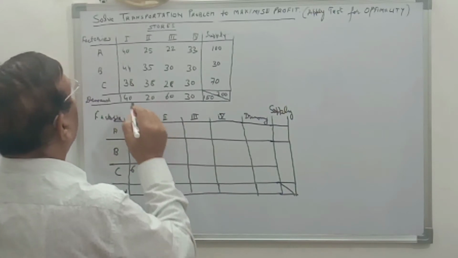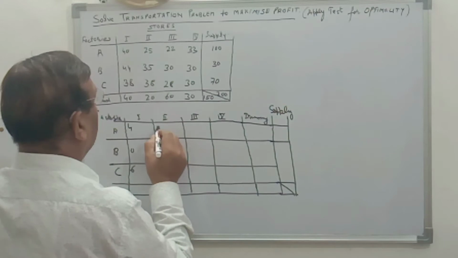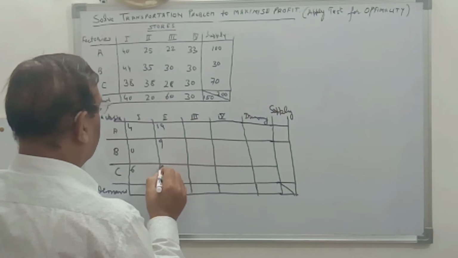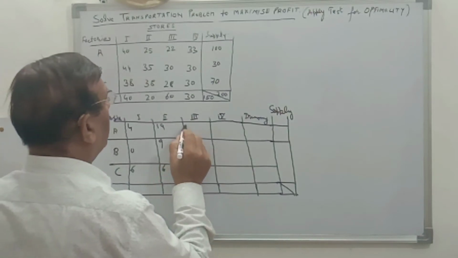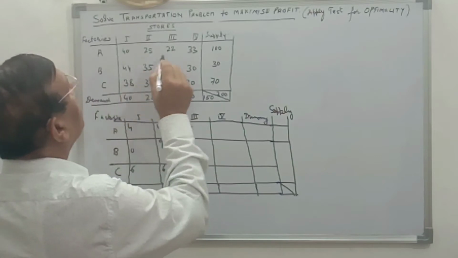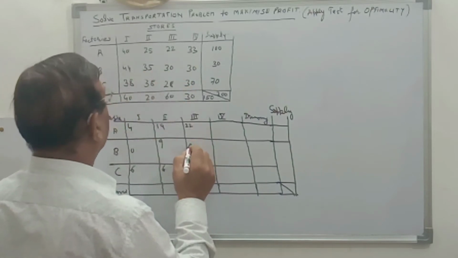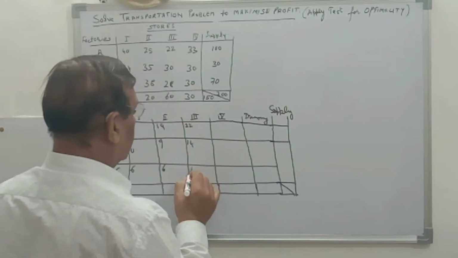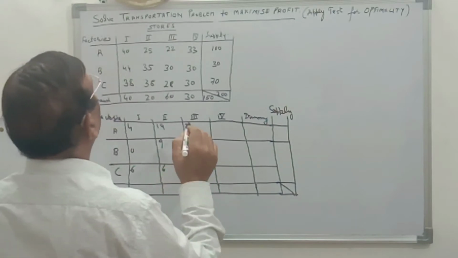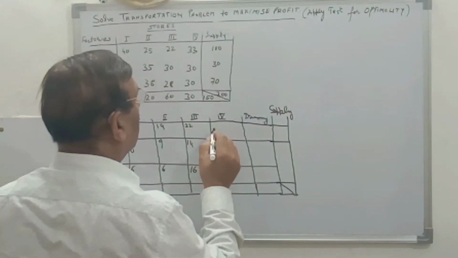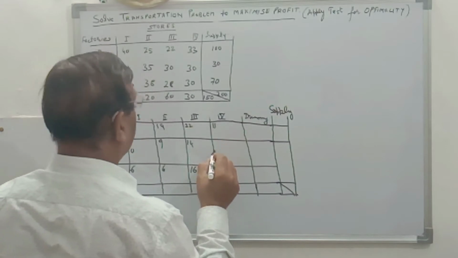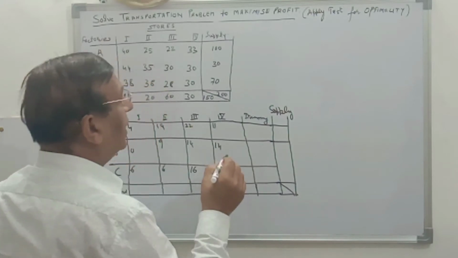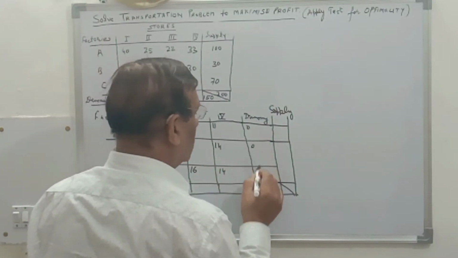Again 44 minus 25, 19. 9 and 6, again 22, 44 minus 22, 44 minus 13, 14 and 44 minus 28, 16. So 44 minus 33, 11 and 14 and again 14. Here in the dummy we have to add 0 cost.